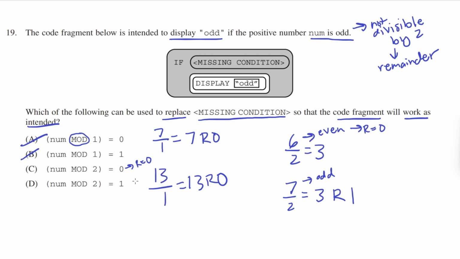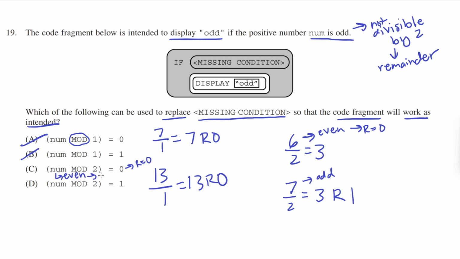So that means this returns true only when the number is even.